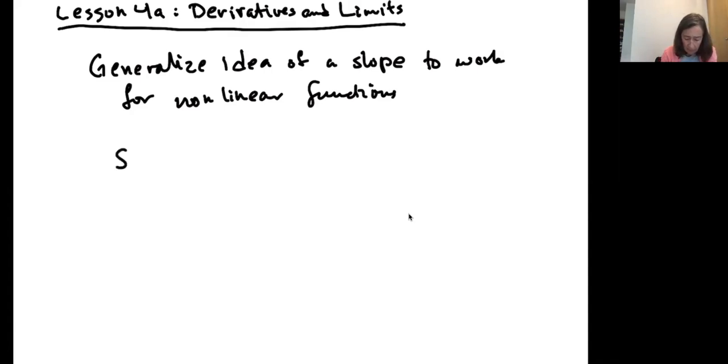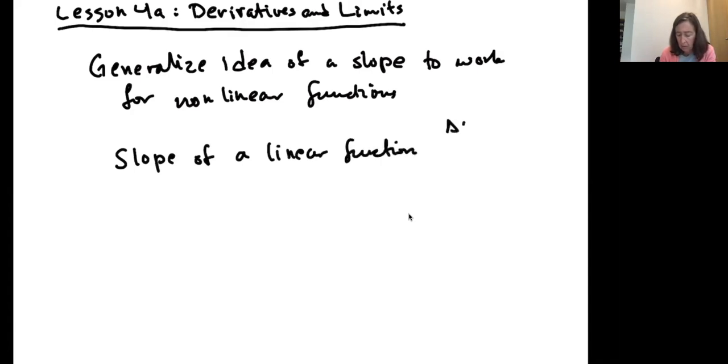If we calculate the slope of a linear function, how do we do that? It's delta y over delta x, rise over run. The first y value minus the second one divided by the first x value minus the second one, or you could do it the second one minus the first. Either way works, as long as you're keeping your x's and y's lined up.